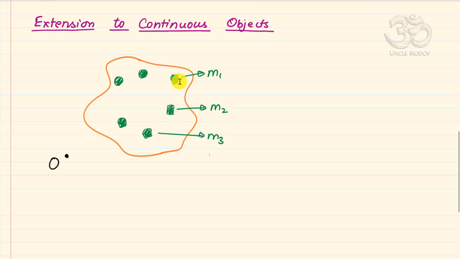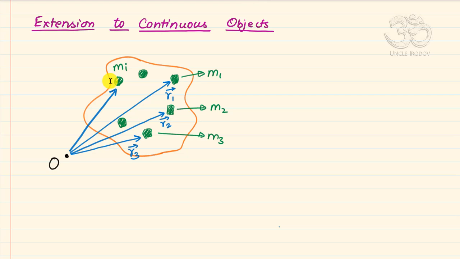And the piece with the mass m1 is at a location r1, and the one with the mass m2 is at a location r2, and the one with the mass m3 is at a location r3, and so on. So you've got r3 here, you've got r2 here, you've got r1 there, and then for any arbitrary mass piece mi, you've got the location as ri.